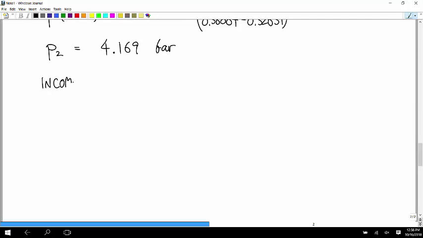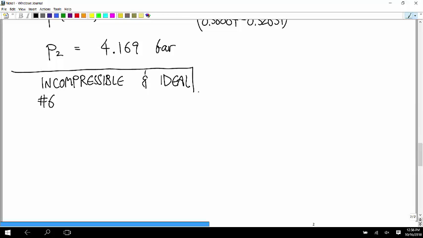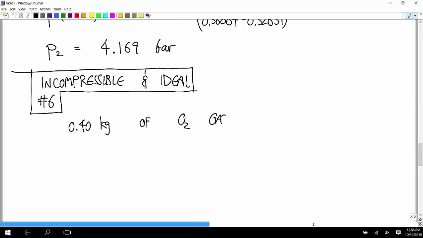Okay, so incompressible and ideal gas law. Number 6. We have 0.40 kilograms of O2 gas.